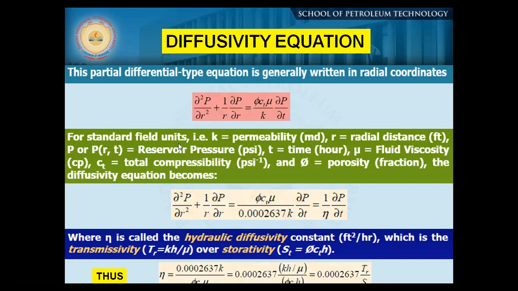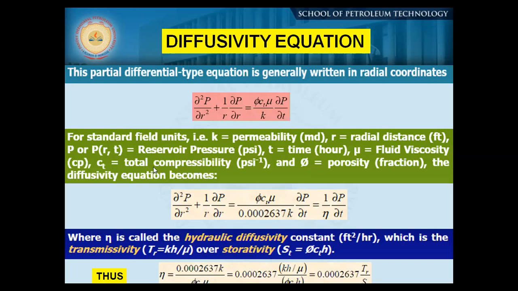So for standard field units, we have k, permeability here, r is the radial distance in feet, then you have pressure at a radial distance and a specific time, reservoir pressure generally in psi, and time t in hours. Okay, mu is fluid viscosity. Then you have c_t, total compressibility.